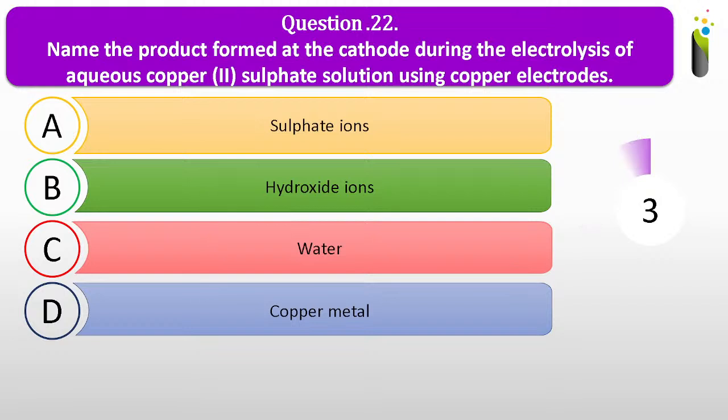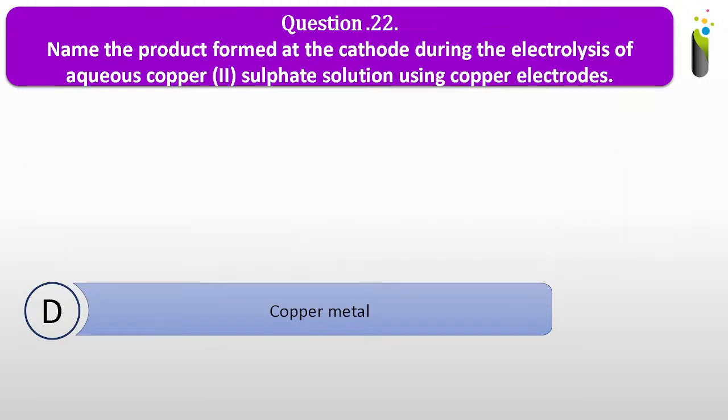So what is the answer for question number 22? The correct answer is D, that is copper metal. So the product formed at the cathode during the electrolysis of aqueous copper sulfate solution using copper electrodes is copper metal. That is, the 22nd answer will be D.